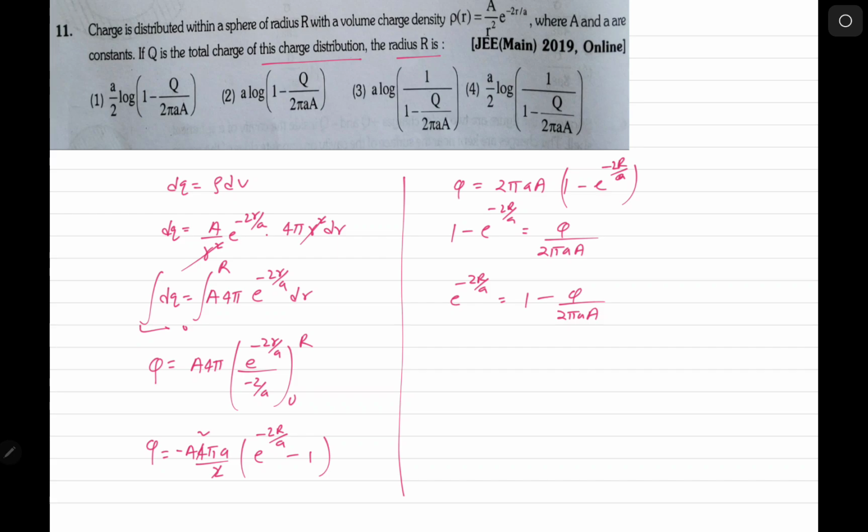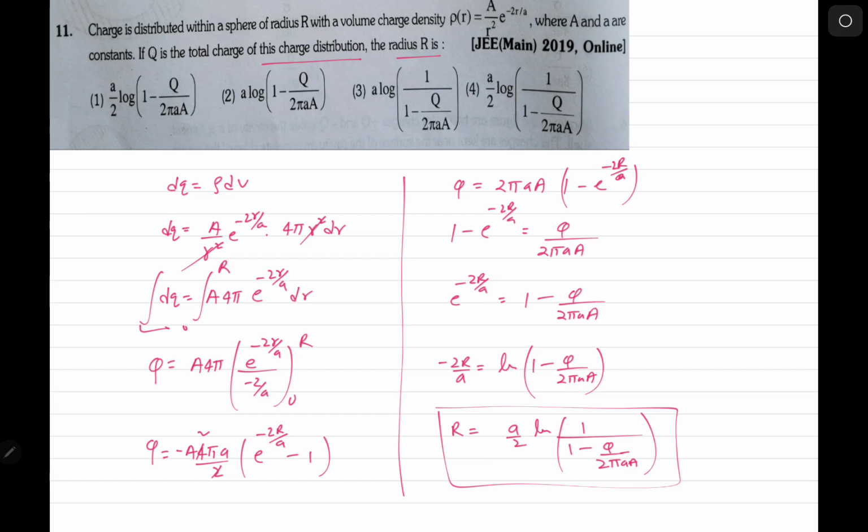Then we take the log on both sides: -2R/a = ln(1 - Q/(2πAa)). Now capital R we need to find, so R = -(a/2) ln(1 - Q/(2πAa)), and because of the minus sign, according to the ln property, it will be reversed: 1 upon 1 minus Q/(2πAa). So this is the answer. You check the options, and you'll find that option 4 is the answer.